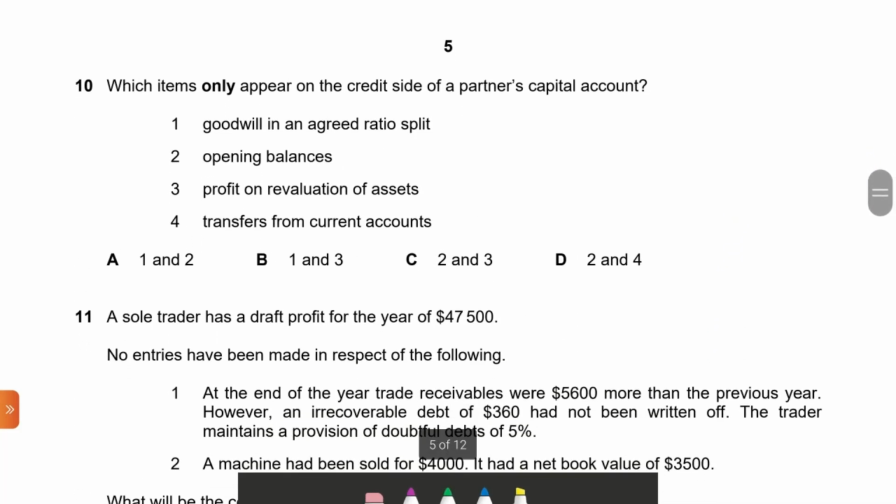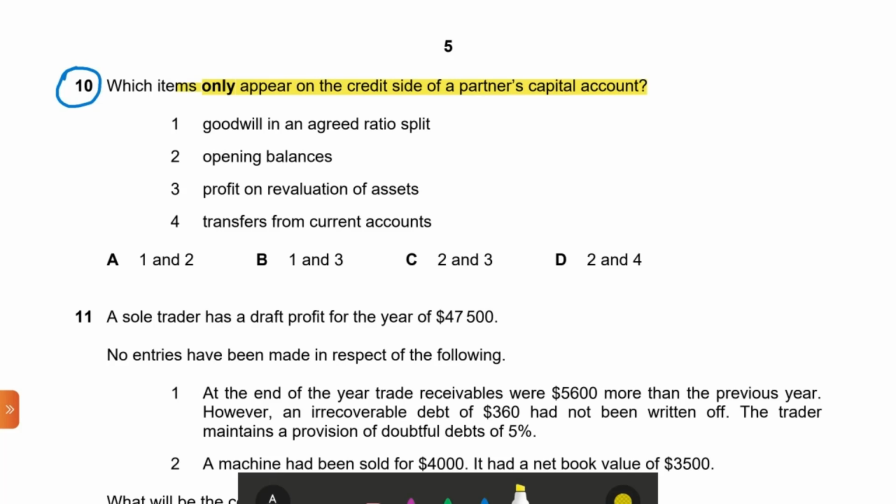Next, question number 10. Which items only appear on the credit side of partner's capital account? In partner's capital account, items increasing the capital will be on the credit side. Items decreasing will be on the debit side.